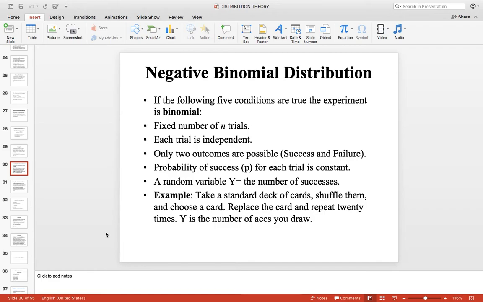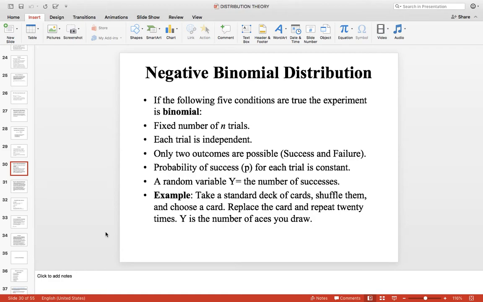The example is, take a standard deck of cards, shuffle them and choose a card, replace the card and repeat 20 times. So a fixed number of trials, 20 times. Y is the number of aces you draw.